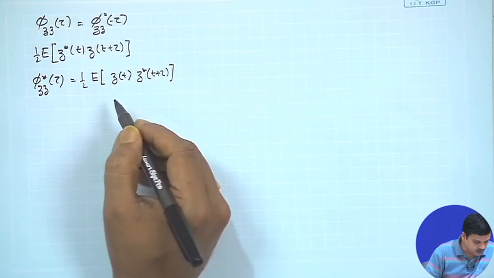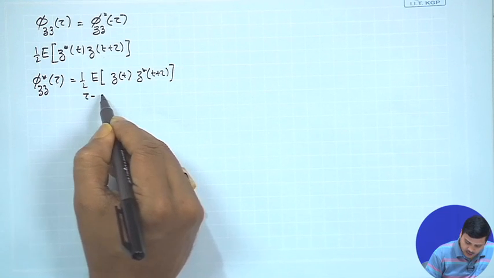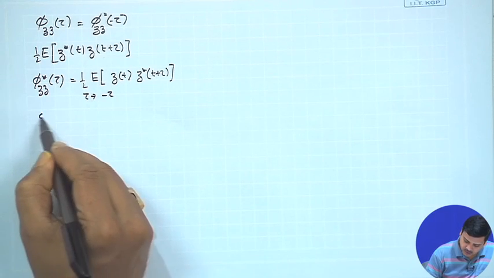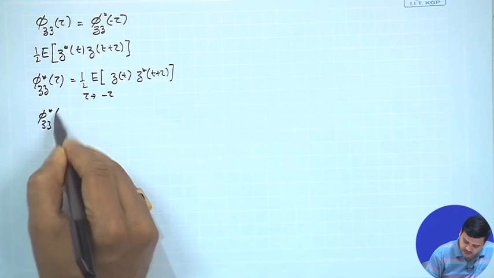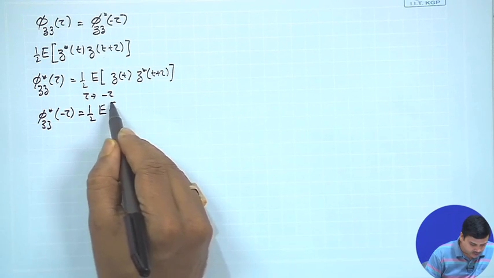So we could change these things, and then if we replace tau by minus tau, what we are going to get is phi_z conjugate of minus tau equal to half E.